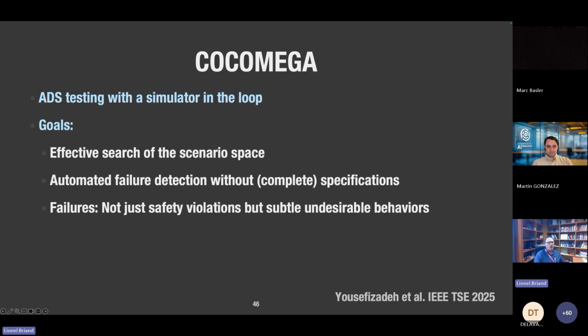So our goal was to find a way to effectively search a scenario space and automate failure detection, even though we don't have real specifications. Or at least we don't have complete specifications.